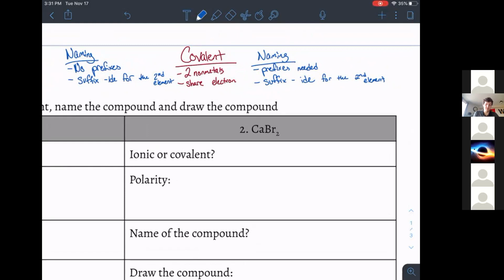I would say there's at least one more thing for ionic. Anybody have any ideas? Polarity? Not polarity, so that's going to be for covalent more than ionic.